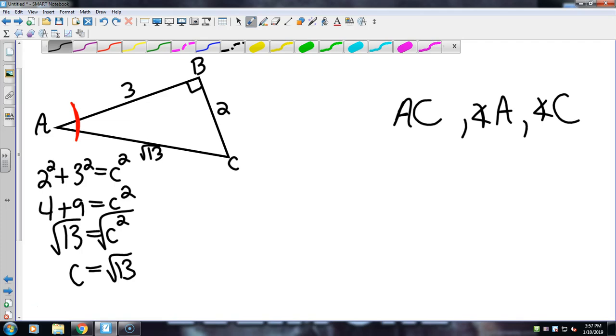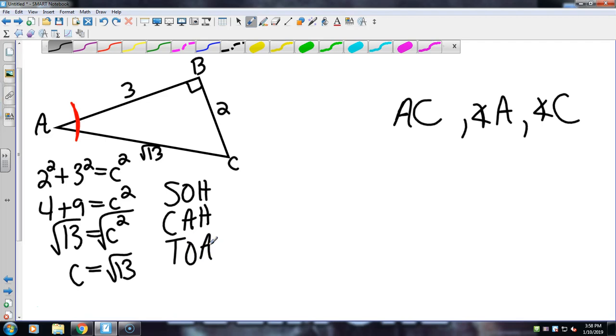I'm going to use the 2 and the 3 just because I like using the division of whole numbers instead of the radical. From angle A, I have an opposite of 2 and an adjacent of 3. Remembering from the other lesson, we have SOH, CAH, and TOA. Opposite and adjacent is going to be tangent.